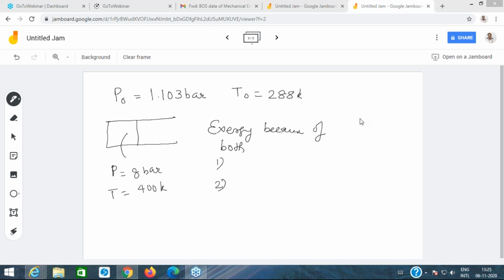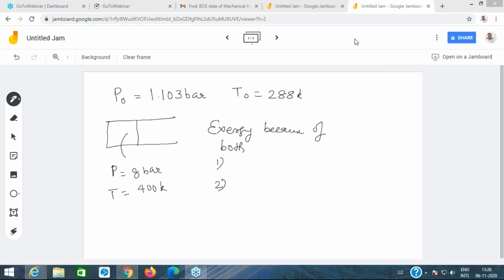If you are having the given data, you would have exergy because of what? Aditya, Gargi, Kamlesh, Kunal. Anybody? You would have exergy because of which two things? All right, maybe you're not able to answer.